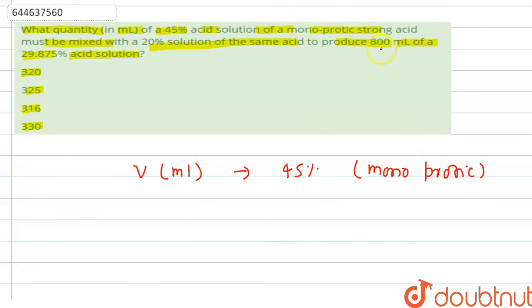Now the final volume of the solution, V final, is given as 800 milliliters, and the final percentage of acid is also given: 29.875.